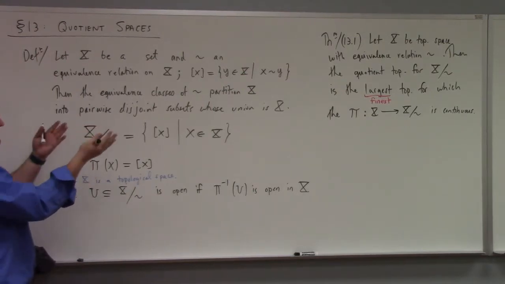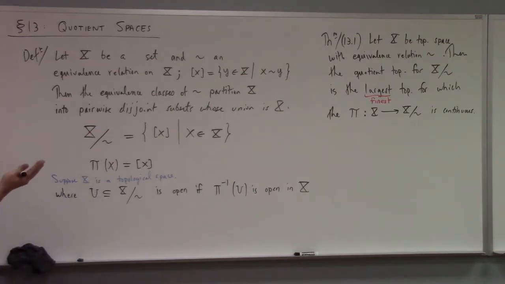So to prove Theorem 13.1, I feel like there's only kind of one thing missing, which is what? Imagine, try to take a smaller topology. What would that mean?